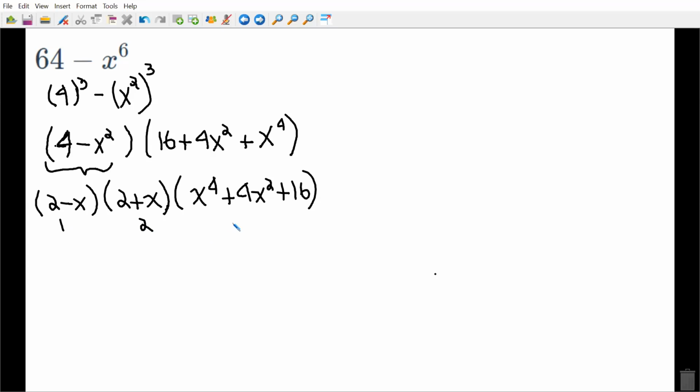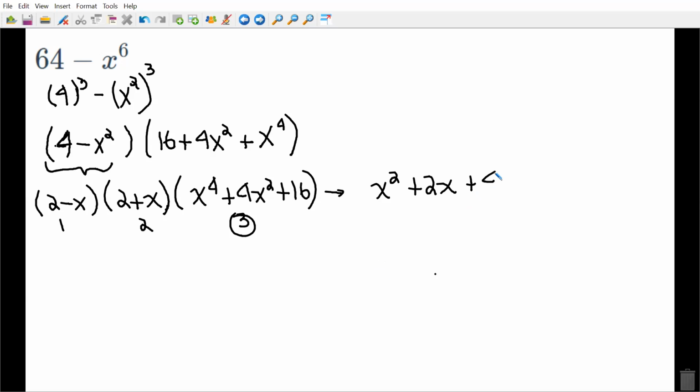Parenthesis 1, parenthesis 2. But like simplify the other one, like 16 plus 4x plus parenthesis to the power 3. Okay, how can you simplify that? For example, you put x to the second power plus 2x and plus 4.